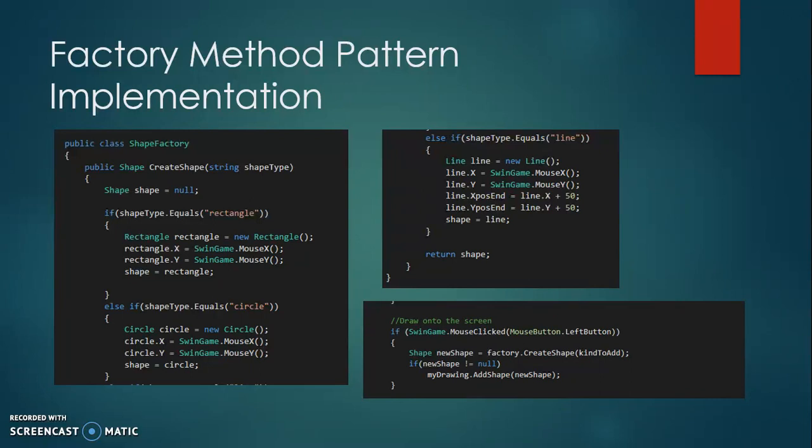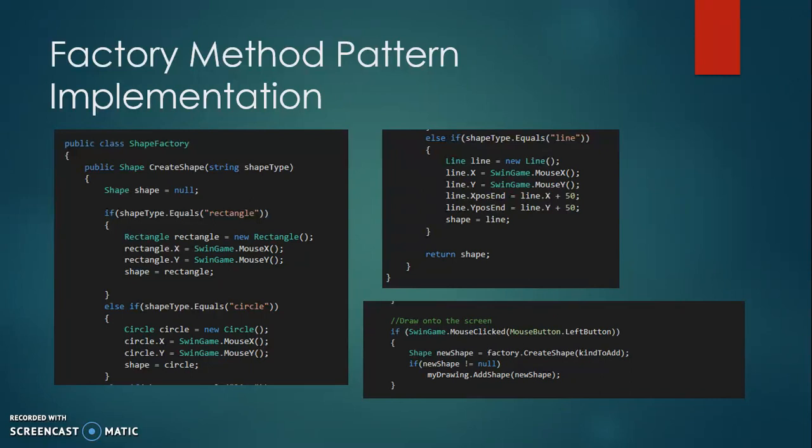We create here a shape which is first equal to null, and then depending on the shapeType we will create a particular shape. For example, if the shapeType is rectangle, then we create a Rectangle and we return the rectangle. If it's a circle, then we create a Circle. If it's a line, then we create a Line and we return that shape.